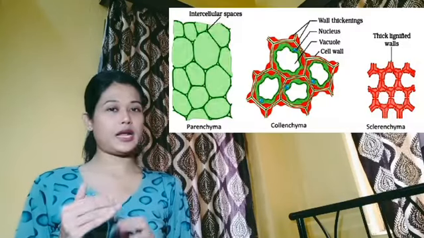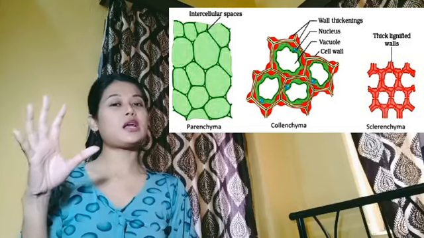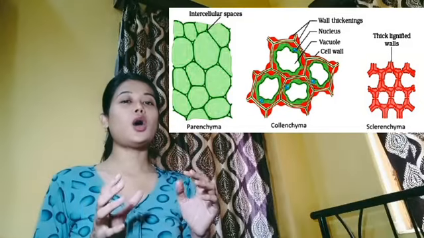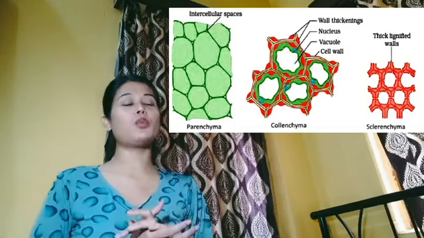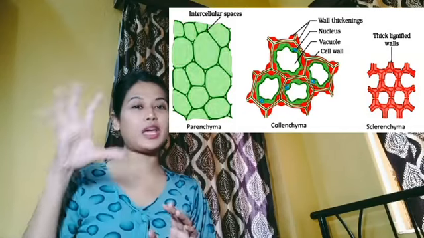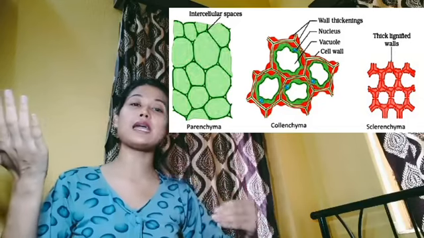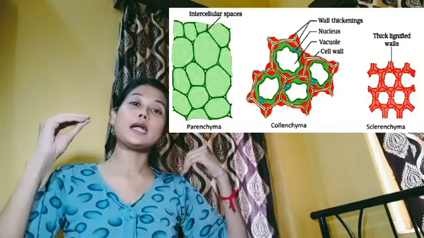Now, simple permanent tissue is divided into three types: parenchyma, sclerenchyma or collenchyma. The most important thing you must memorize is that parenchyma is related to living cells, whereas sclerenchyma is related to dead cells.